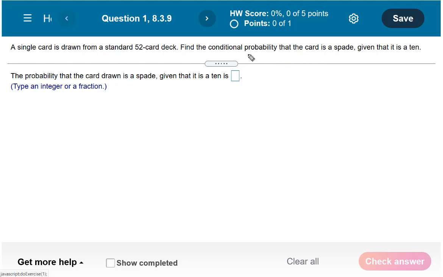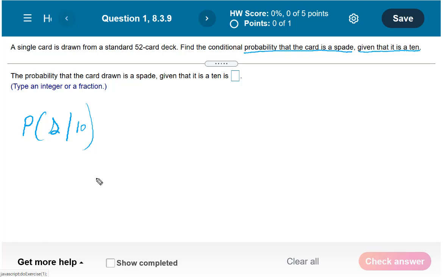Question 1, we're trying to find the probability that the card is a spade given that it is a 10. The probability of a spade given that it's a 10.